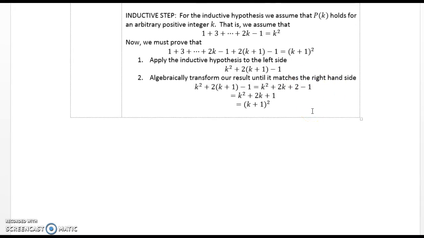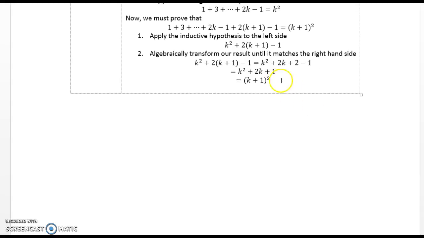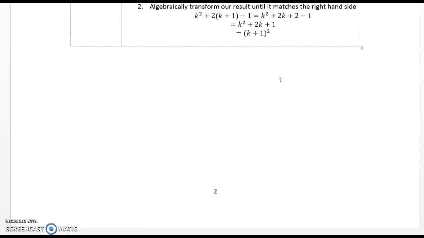Apply the inductive hypothesis to the first k items, arriving at k squared, and the expression becomes k squared plus 2 times the quantity k plus 1 minus 1. Algebraically transform our result until it matches the right-hand side, and we arrive quite easily at the quantity k plus 1 squared.